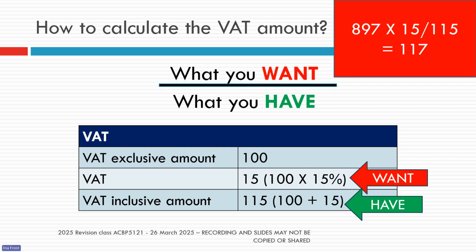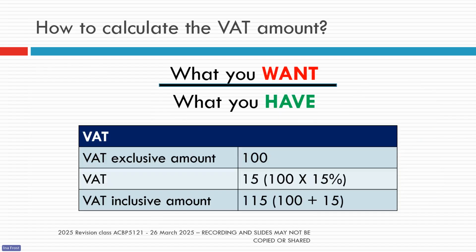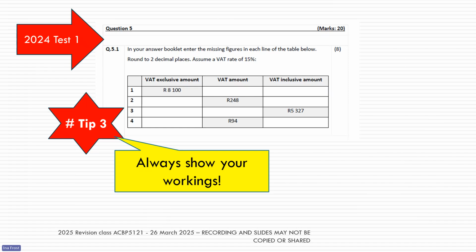The what I want, divided by what I have, and once again, it gives me the 117. I'm getting exactly the same answer as when I subtracted the VAT exclusive amount from the VAT inclusive amount. So when you prepare for the test, play around a little bit and see which of these formulas you are most comfortable with. And of course, if your lecturer showed you any other formulas in class, incorporate those also in your revision.